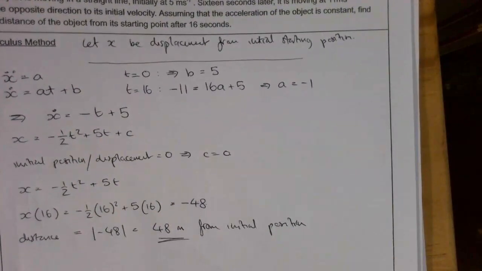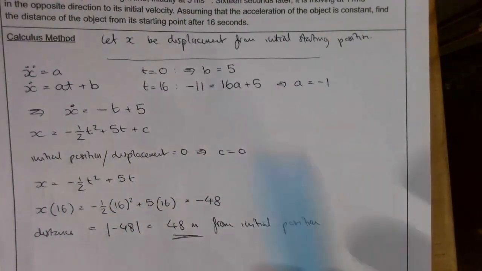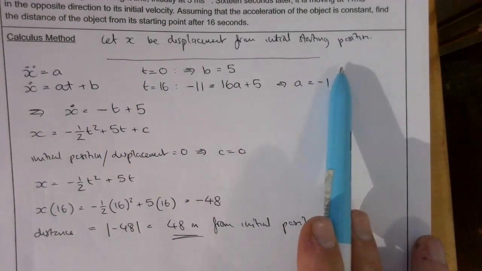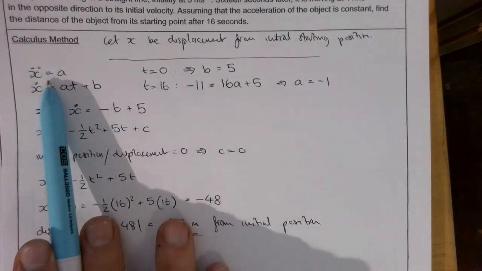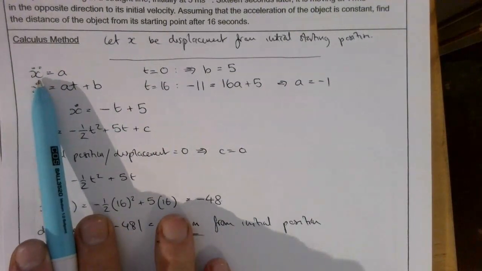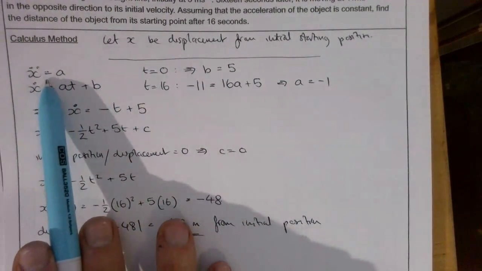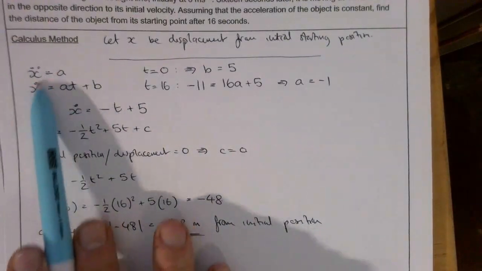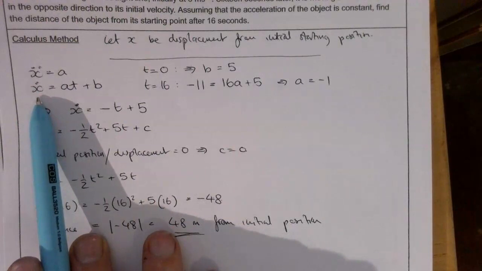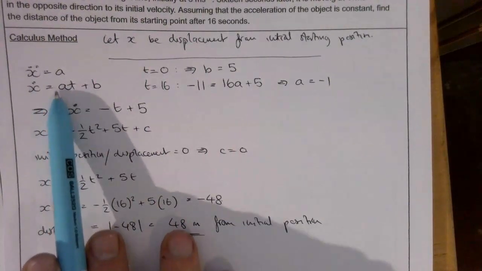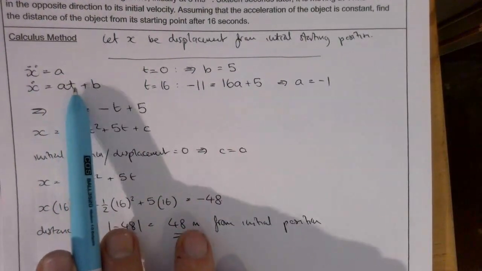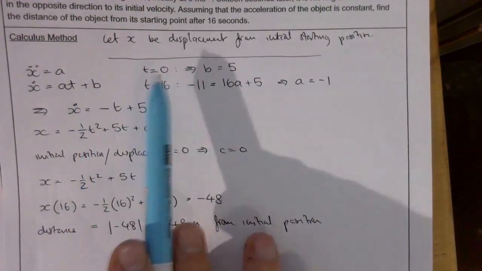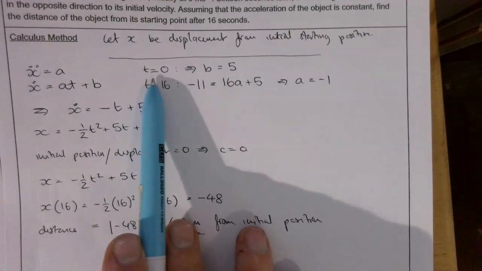The first thing I did was define x to be the displacement from the initial starting position, and in the question it tells me that the acceleration is constant, which means that x double dot equals a. I've integrated once to get the velocity, which must be a times t plus another constant. I've called it b here, it doesn't matter what you call it. And I've substituted in t equals 0.